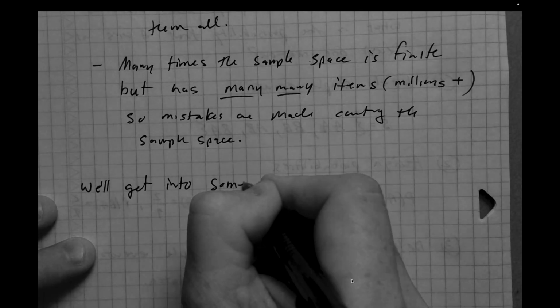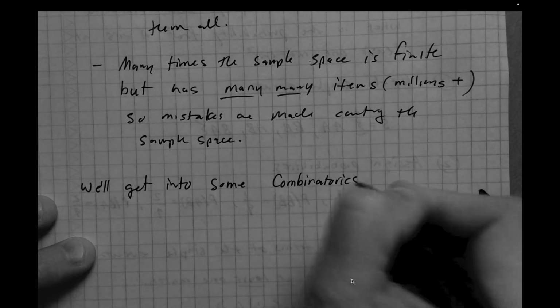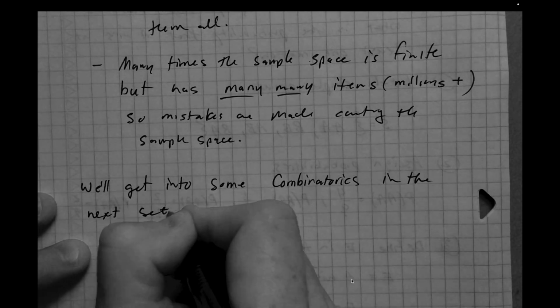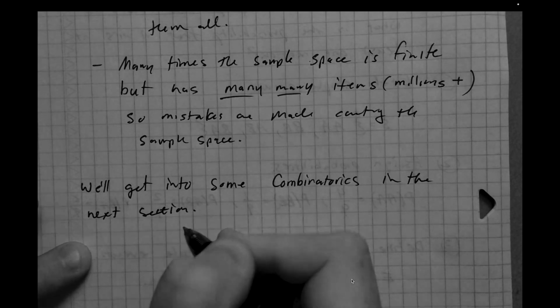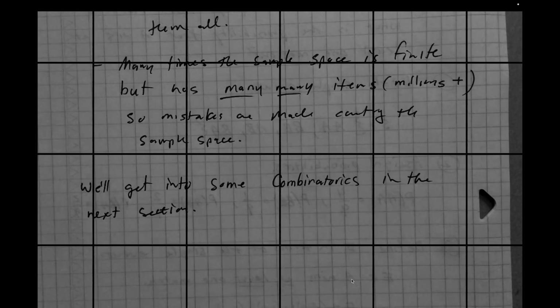So we'll get into some combinatorics in the next section. Right, and these counting methods from combinatorics will aid us in accurately enumerating the elements of interest in our sample space. Okay, so that is where we will end this one.